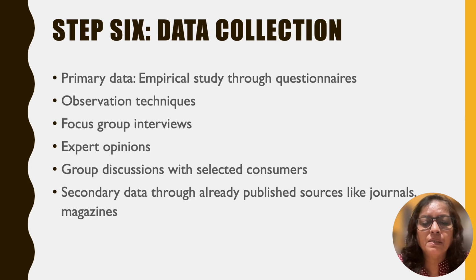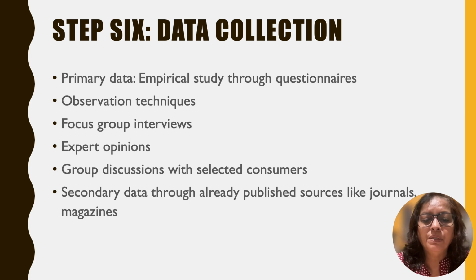Now step 6 is data collection. Primary data we call empirical study. When you do it through questionnaires, when you meet a respondent, a respondent is an individual who is going to answer your questions and who's supposed to know something about the subject. So primary data is empirical, collected through an empirical study through questionnaires.